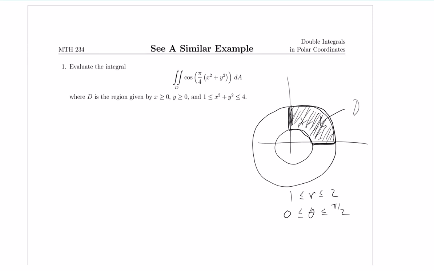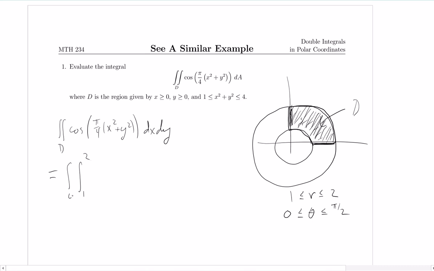Now to convert the integral. So the original integral is equal to, let's do r first, 1 to 2, theta from 0 to pi over 2. And now we need to substitute.